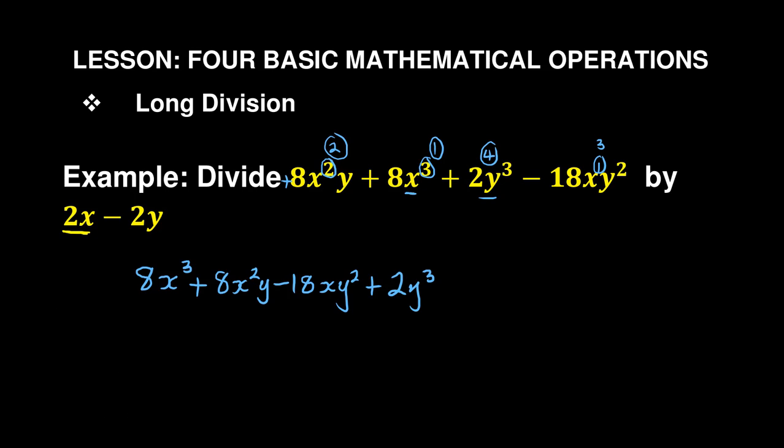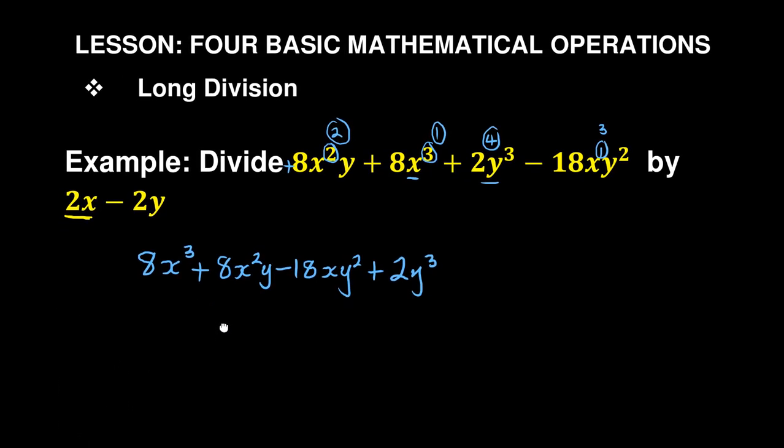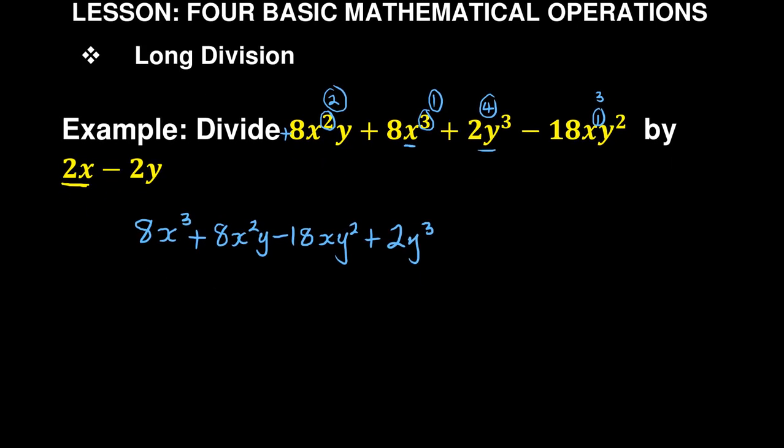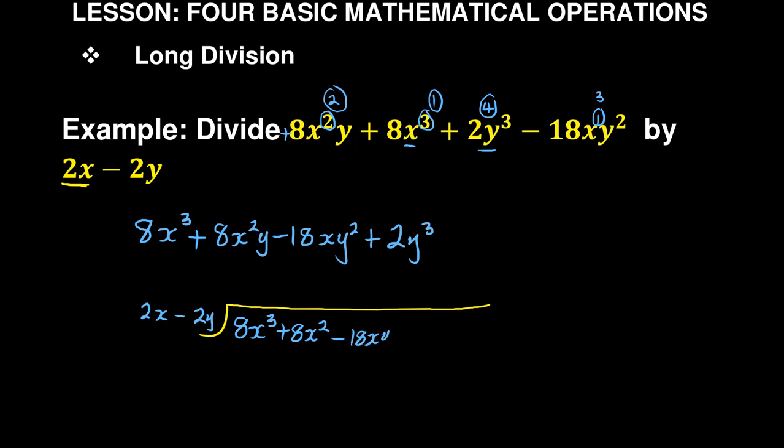If I do my long division, it will become, in this case, remember my long division: I'm having 2x minus 2y, and I'm dividing it into 8x cubed plus 8x squared minus 18xy squared plus 2y cubed.